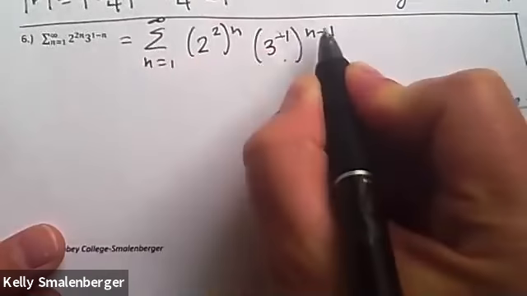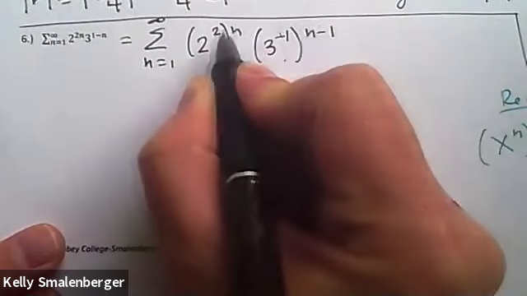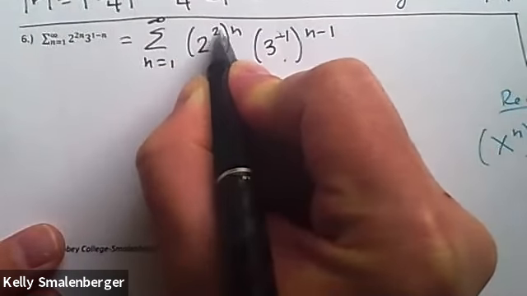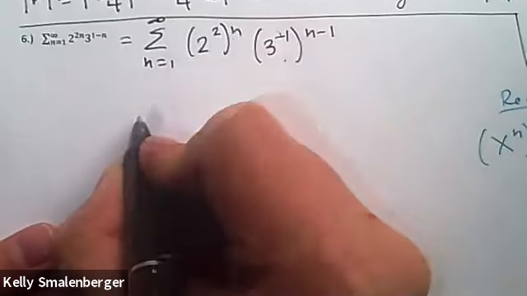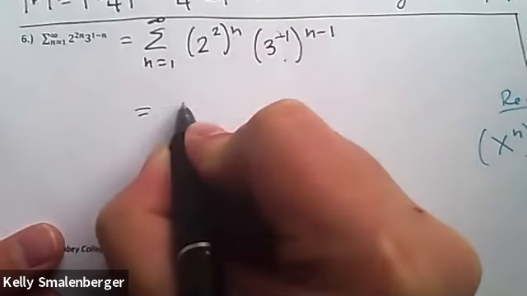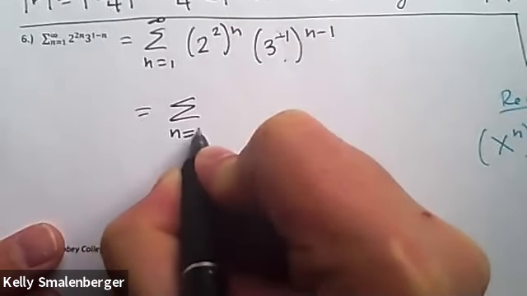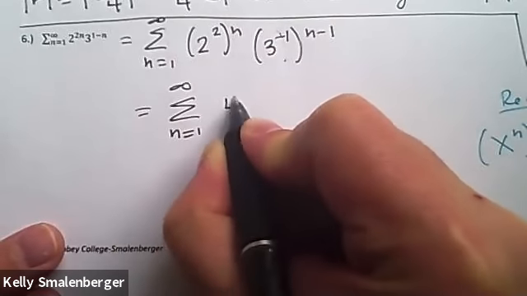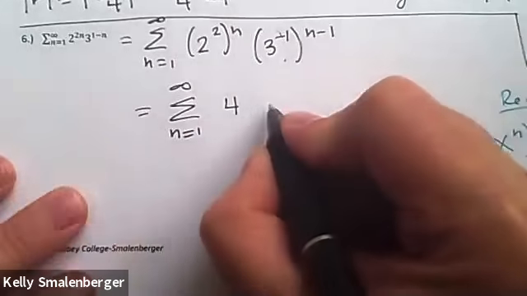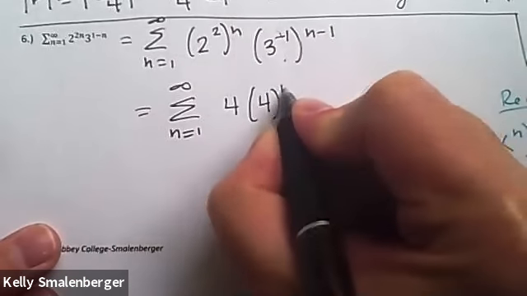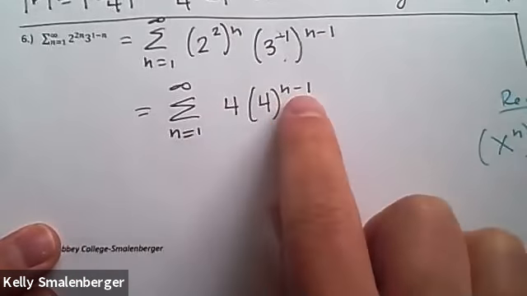All right, so this n minus 1 I want, but this 2 to the 2, squared is 4. This 4 to the n, I need to make that 4 to the n minus 1, right? So I have 4 times 4 to the n minus 1, and here I add these exponents, right?